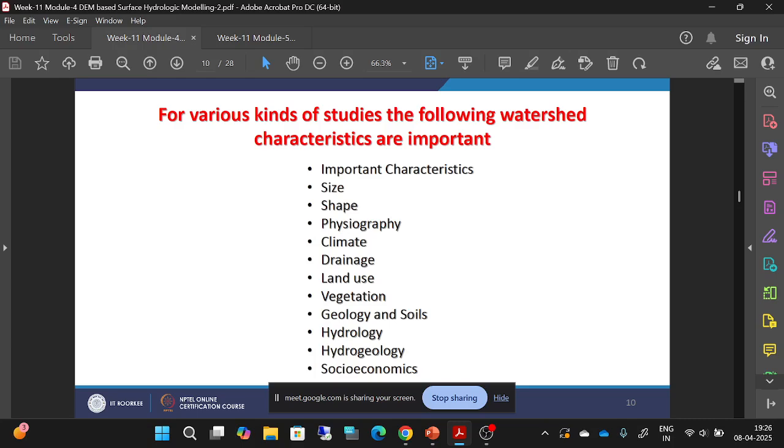So there can be many other things which we can use for watershed characteristics, but once you have delineated the watershed through this surface hydrologic modeling, the other parameters can be automatically derived.